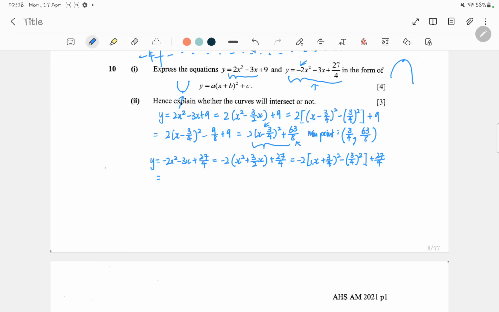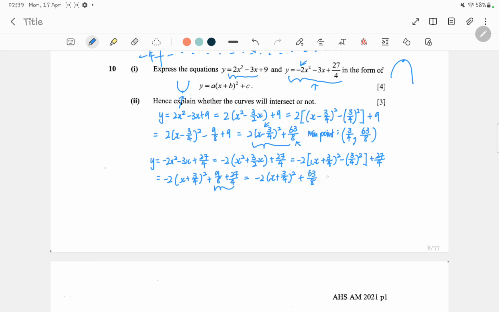Let's bring the minus 2 in right now: minus 2 bracket x plus 3 over 4 bracket whole thing squared plus 9 over 8 plus 27 over 4. Let me calculate it: this equals 63 over 8.